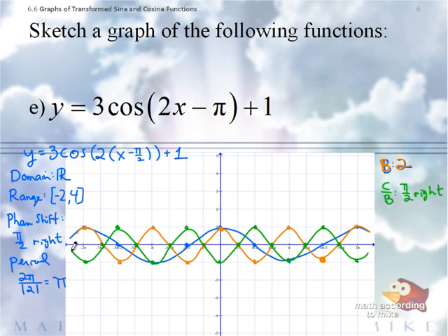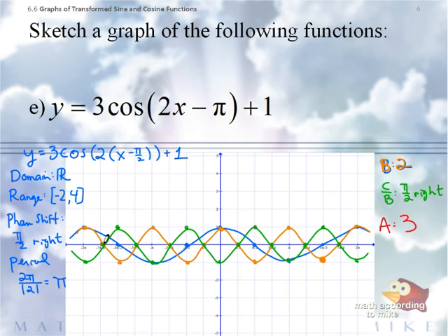Let's apply the A next. So instead of going between negative 1 and 1, we're now going to go between negative 3 and 3. So multiply all the y coordinates by A. Take all the green ones, apologies, I said orange.